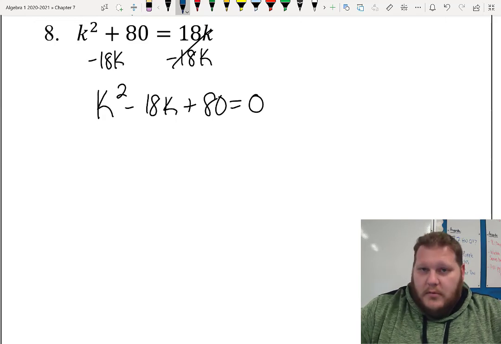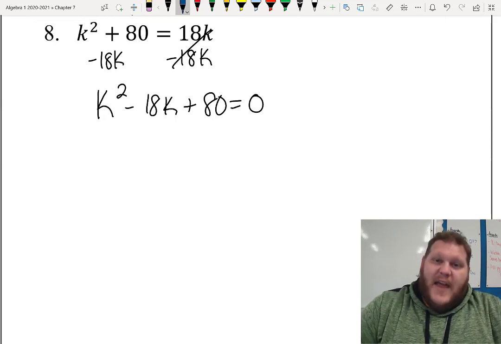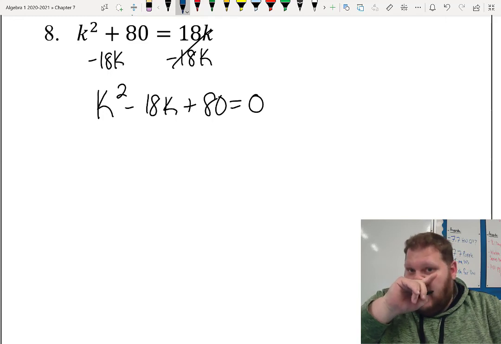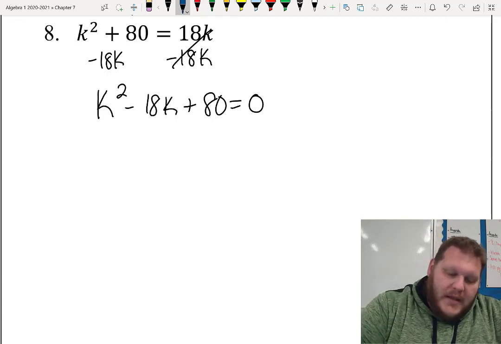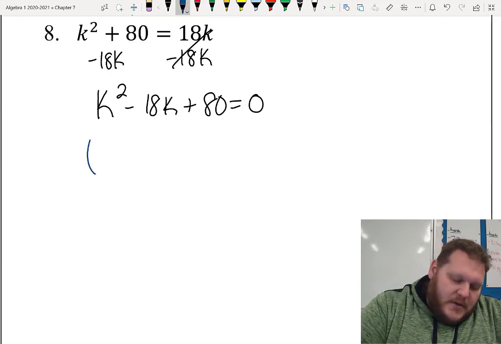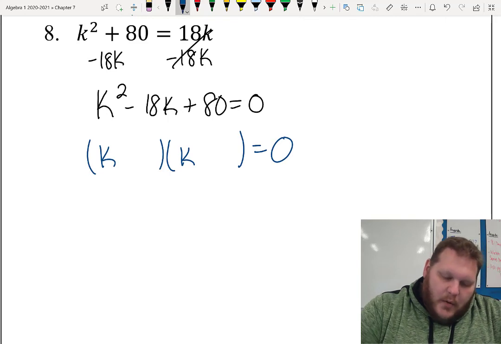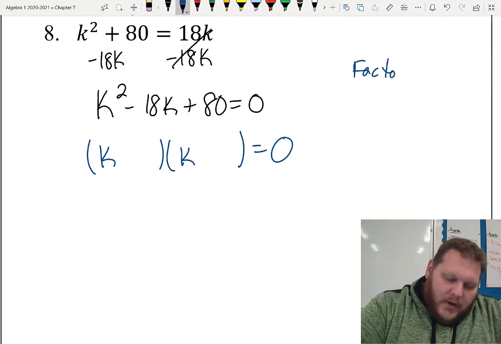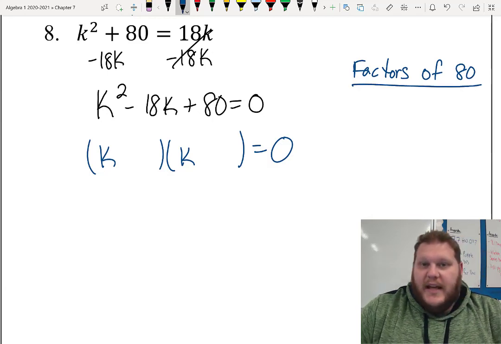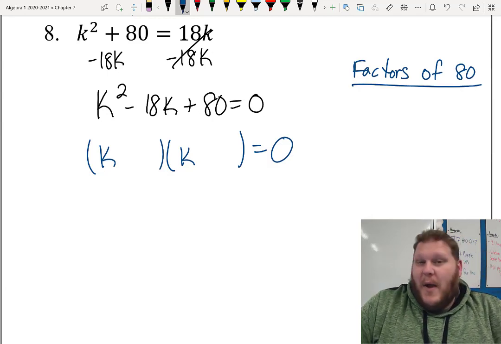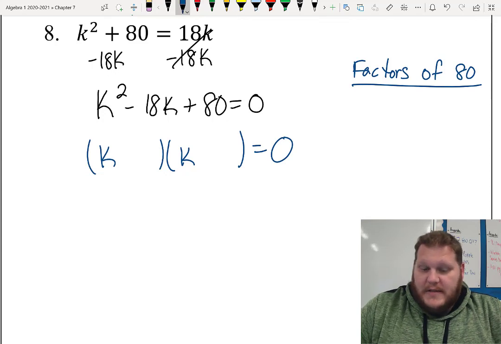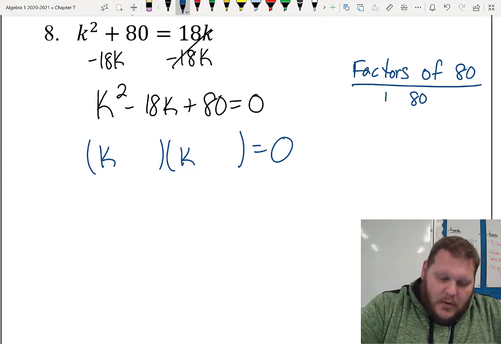It'll always work. You're not going to have a polynomial that's factorable that doesn't work with X box factoring. Here, because the lead coefficient of k squared is just 1, I can do regular two parenthesis factoring, where I'm trying to figure out what factors of 80 add up to negative 18. It might be obvious to you, and if it is, that's awesome. If not, because we're going to add up to a negative, I know both of them are going to be negative.